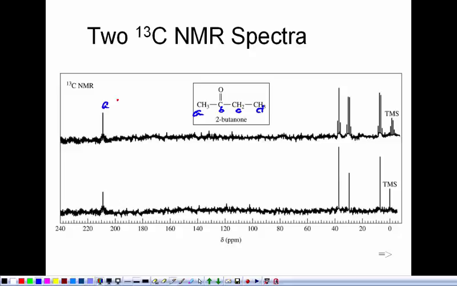Well, what do I use to put the pieces together? Proton spectrum, because a CH3 sitting next to a CH2 is going to be a triplet and a quartet in the proton spectrum. So the proton spectrum tells me how to put the pieces together. The carbon tells me what the pieces are. And so we really need both.